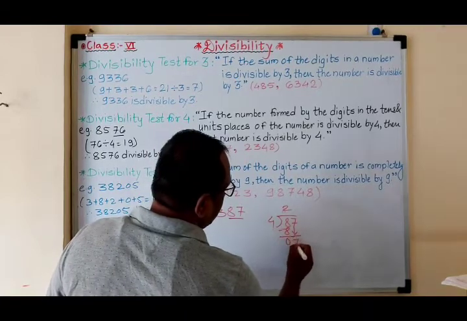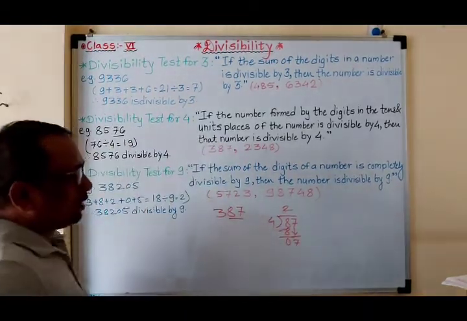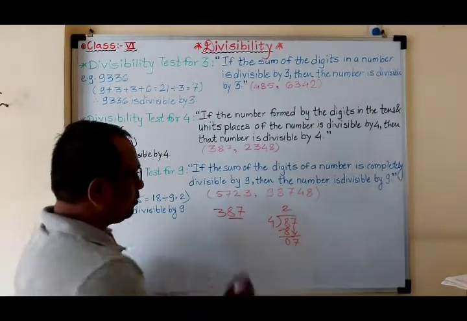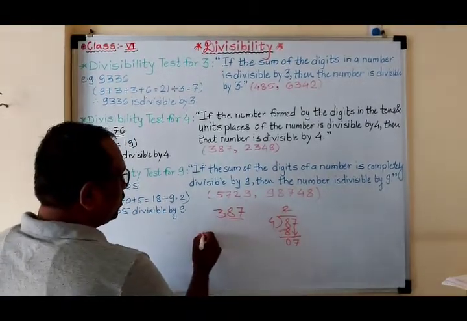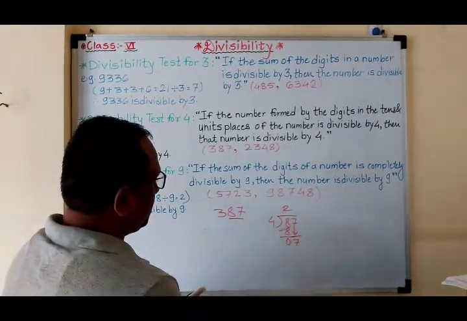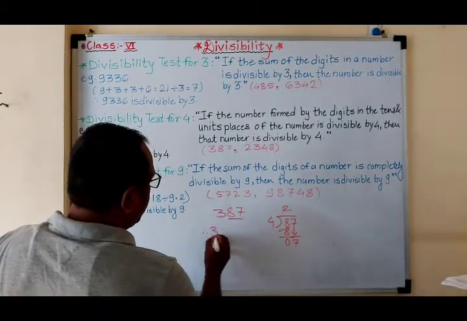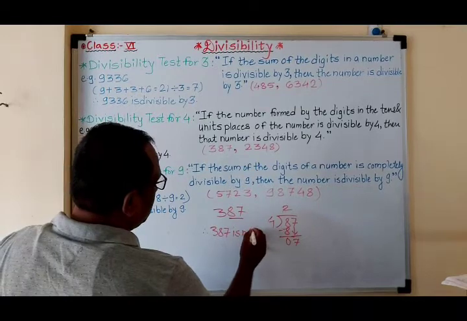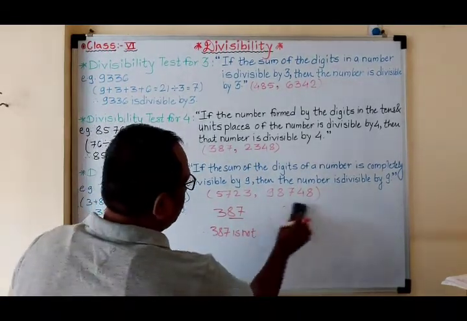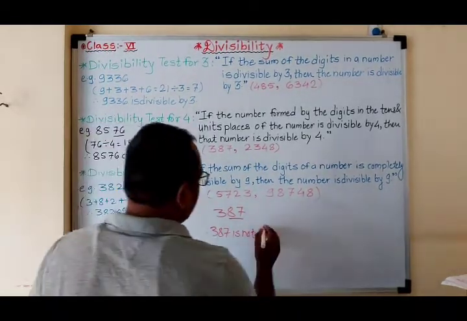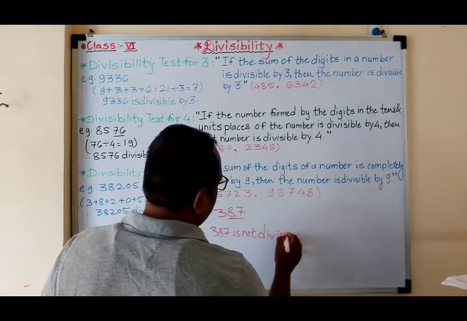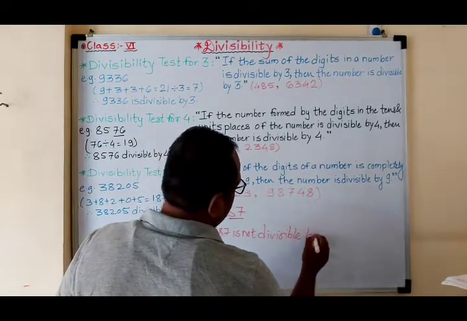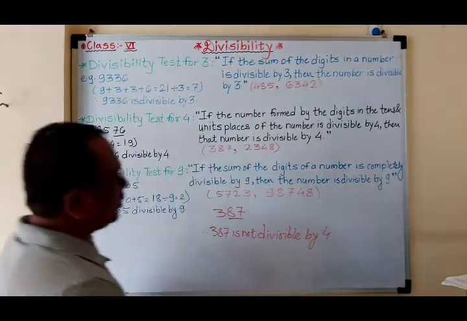Then bring 7 down. So 7 is not divisible by 4. So here you have to write, therefore 387 is not divisible by 4. This way you have to solve.